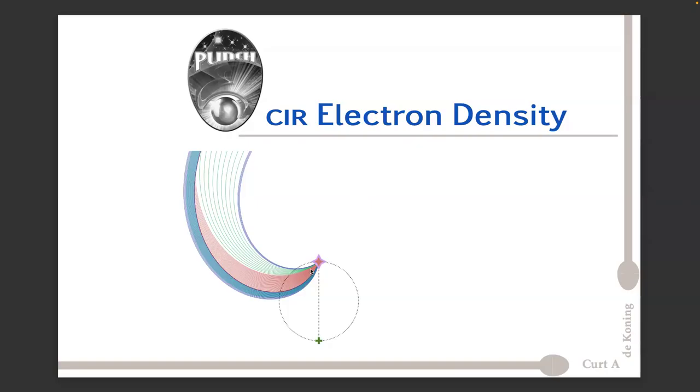Here we have a picture of a CIR, with the position of the sun as this star, and the position of the observer as a dot. We again have the Thomson sphere as this circle. Then we have the fast solar wind emanating from a coronal hole on the sun, showing up as these red lines.